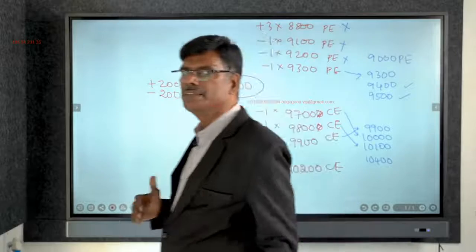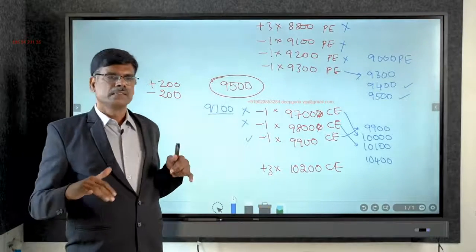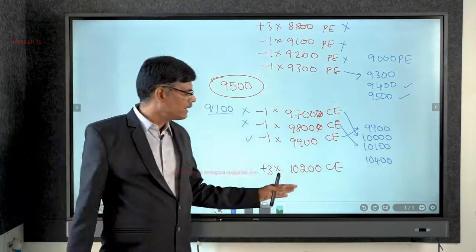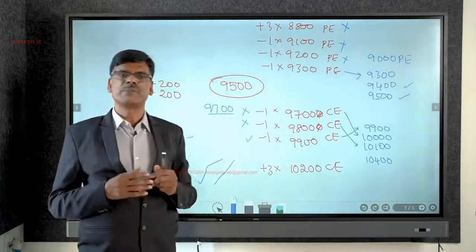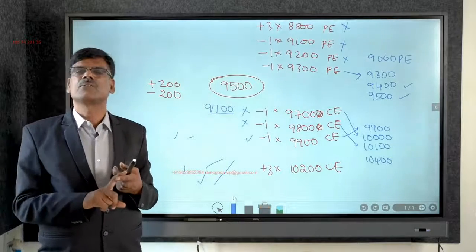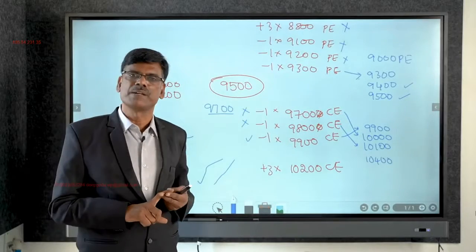So you take a multiple short strangle, not very far away, nearer, then 200 or 300 points higher or lower, you have to buy for the protection. So one is that you are safeguarding yourself from a black swan event, and second, you get the margin benefit.